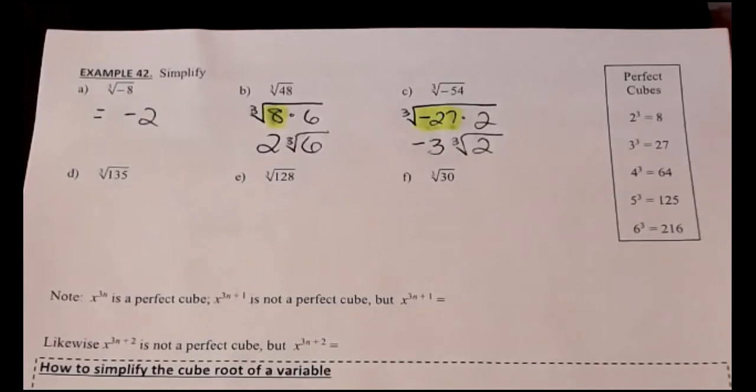Take a moment to try part D on your own, everyone. Cube root of 135. Feel free to use your calculator. See what numbers divide into 135 and see if you can find that perfect cube.